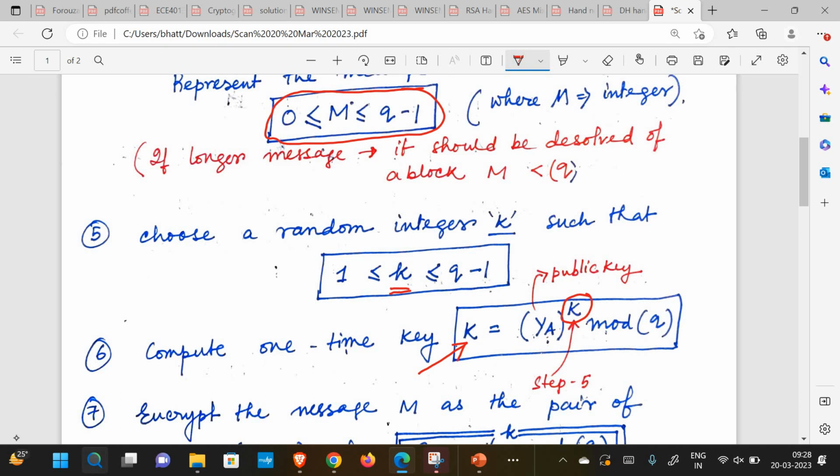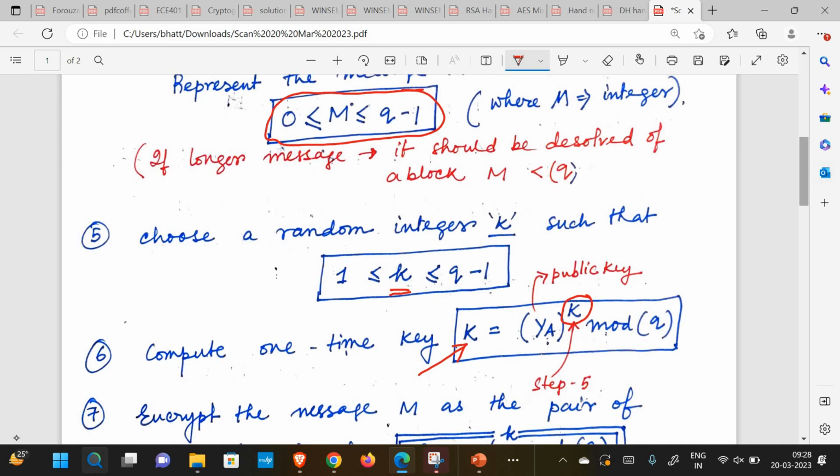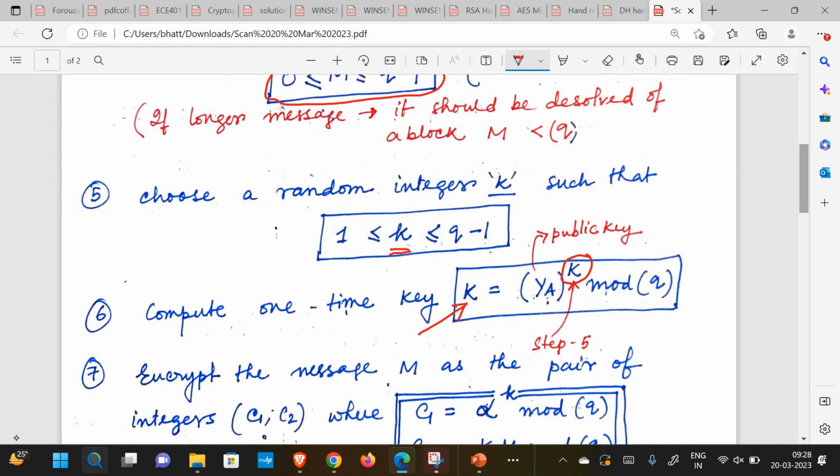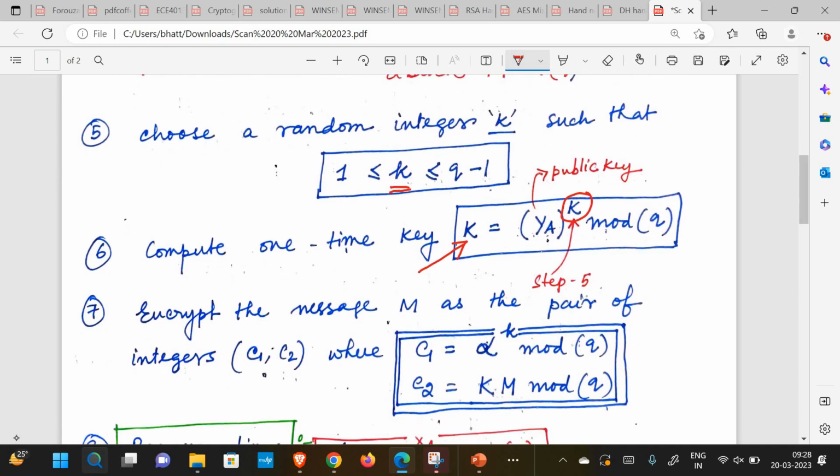And that is given by the public key YA, please make a note, YA to the power small k, mod Q. Alright, so that's how it should be. Now, based on this capital K, we are going to encrypt the data.